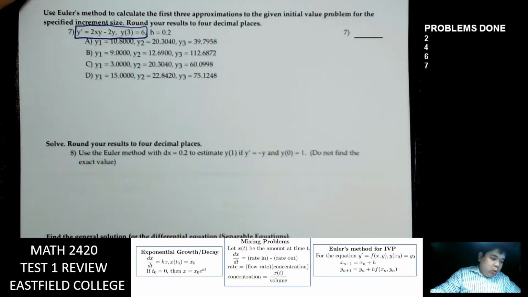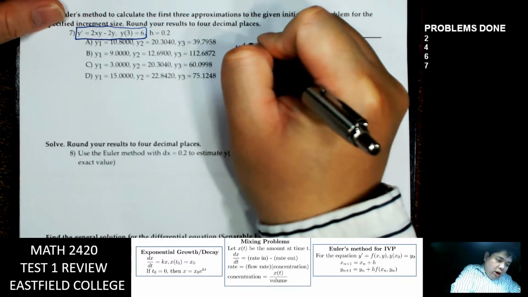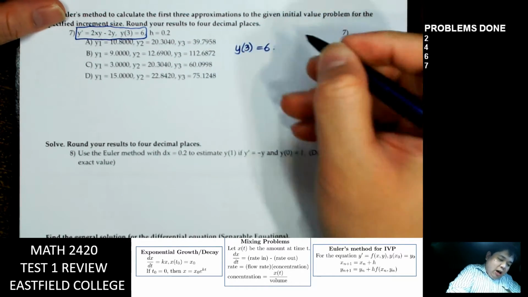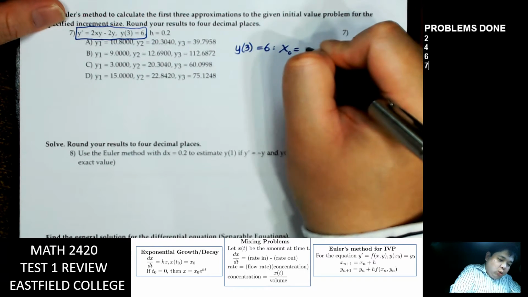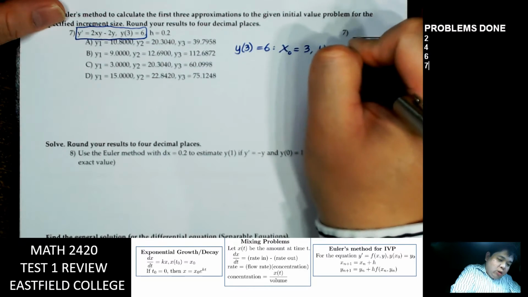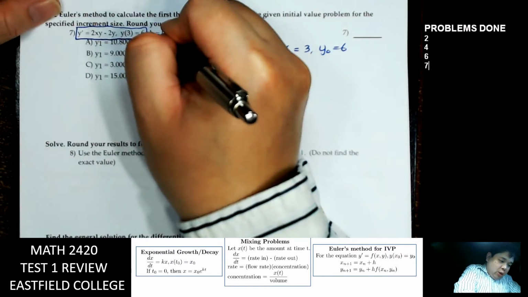So initially we have y of 3 equal to 6, meaning x naught equal to 3 and y naught equal to 6. This is our initialization, and h is equal to 0.2.